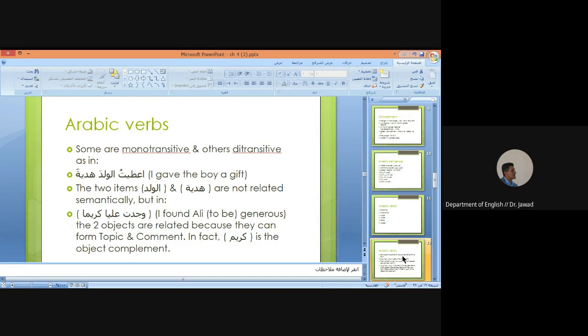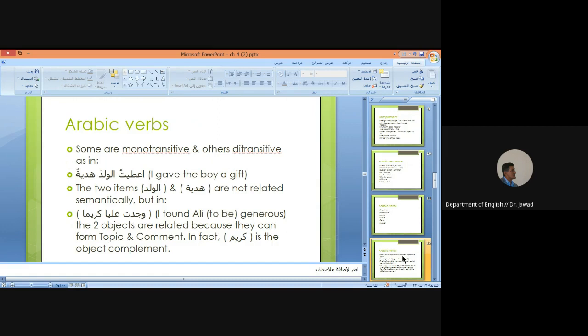أعطيت الولد هدية. أعطى is a verb. And this enclitic ta represents the subject. And الولد is the first object.